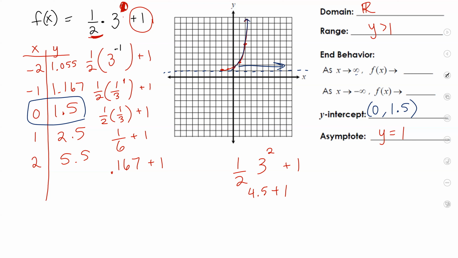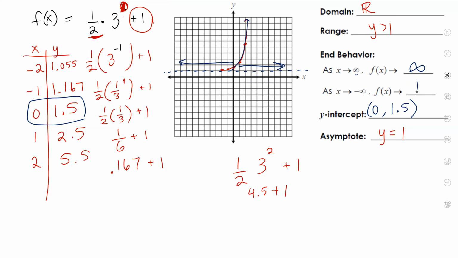It's going up, so it goes to infinity. And as your graph goes this way towards negative infinity, what's happening to your graph? It goes to the asymptote, right? Where is the asymptote? 1. There we go. That's how we do this.